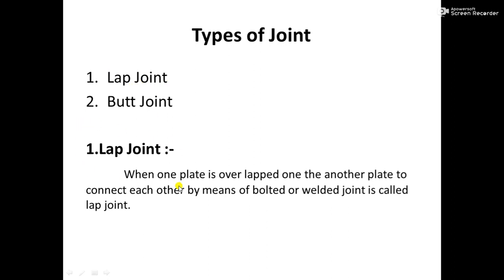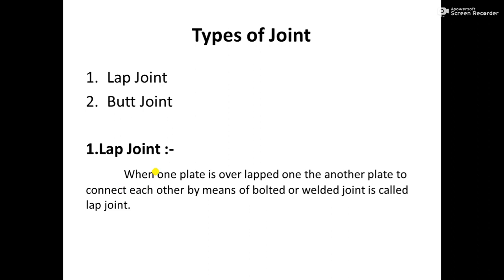That is, in lap joint, when one plate is placed over another plate or overlapped one another, to connect each other by means of bolted or welded joints is called a lap joint. Once again, suppose there are two notebooks.